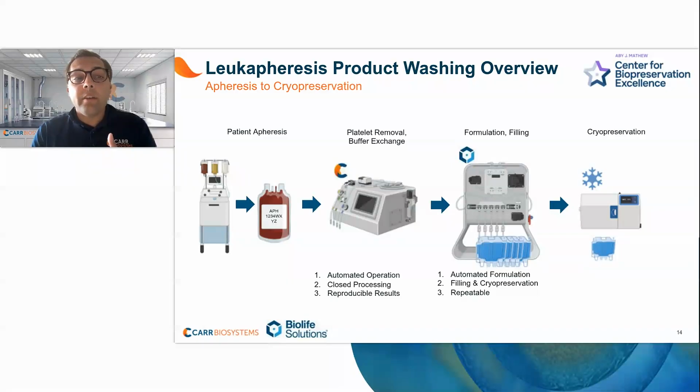These donors were collected through apheresis, and the associated Leukopak was then washed within the Unifuge for comparison to manual centrifugation. Some of the items we were evaluating were automated operation, closed system processing, and reproducibility. The cells recovered from the Unifuge were then formulated offline and filled using the BioLife Solutions Sexton CT5 system, which was also evaluated for filling, cryopreservation, and reproducibility. From there, those cells were taken into cryopreservation for freezing and thawing.